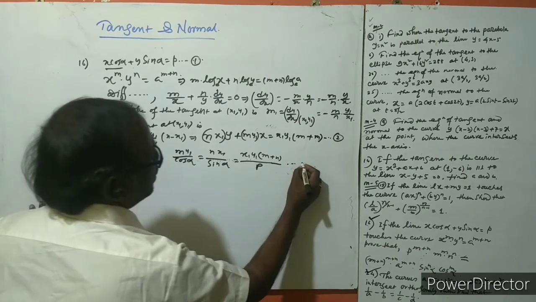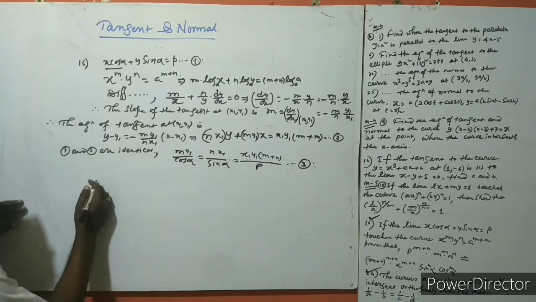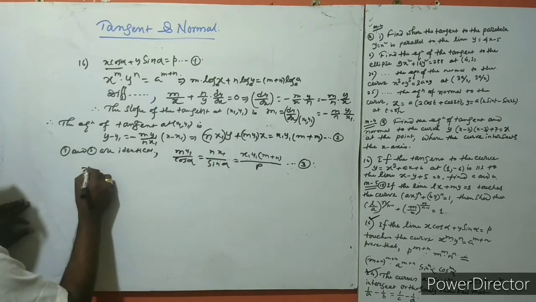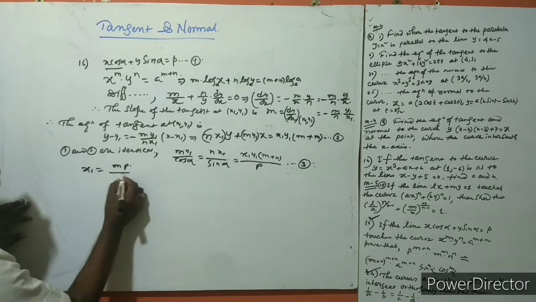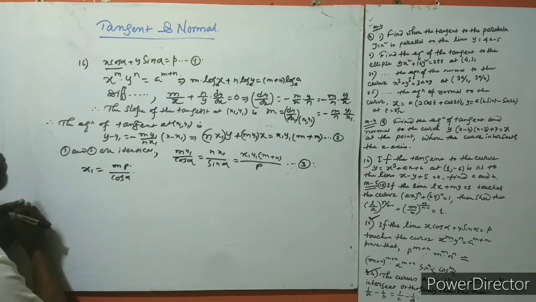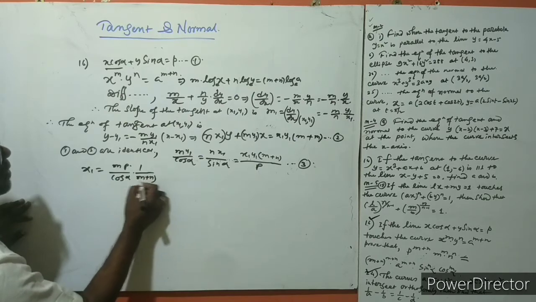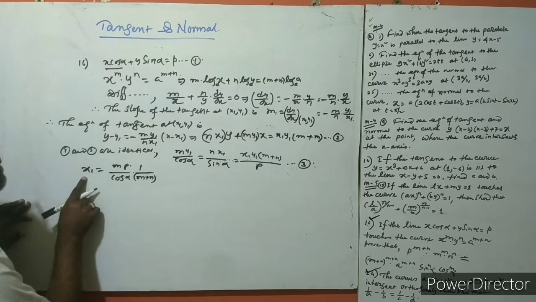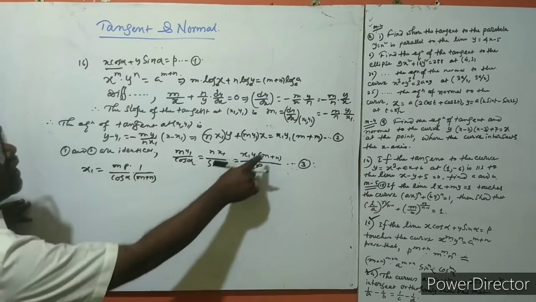If we take this equal to this, then y1 and y1 cancel, so we get x1. So x1 is equal to m p by cos alpha into 1 by m plus n. Again, y1 cancels and we find x1: we multiply here p m by cos alpha, and this is divided by m plus n.